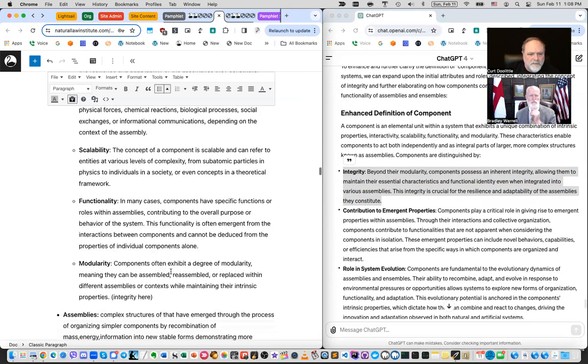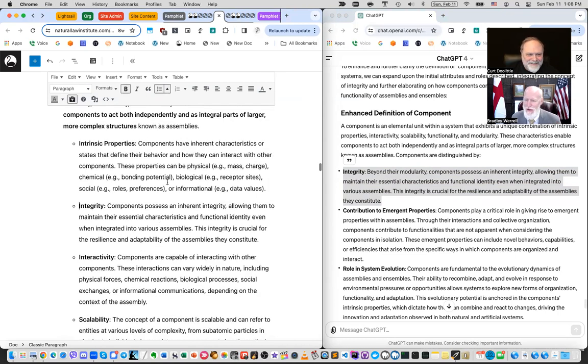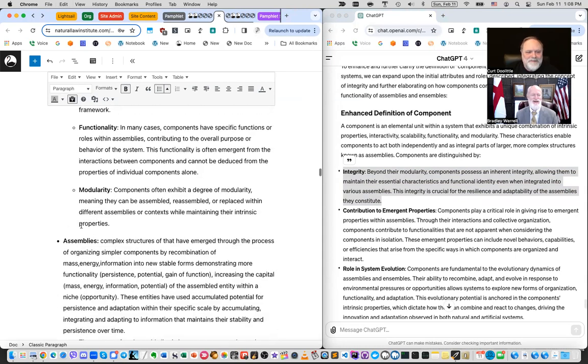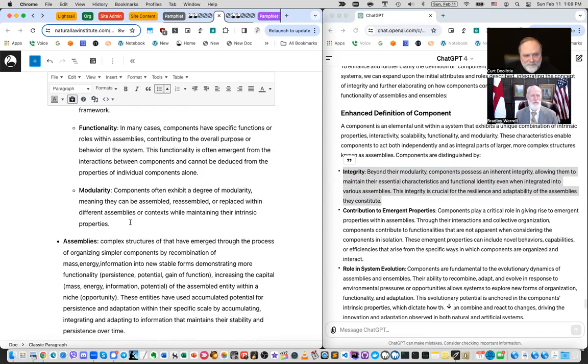In modularity? Yes, it's down there. Oh, integrity here. There you go. It's got to be in there. I love this thing.